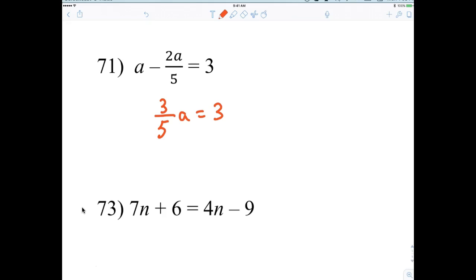I'm not sure if that's true. Somebody else want to give an explanation? 3/5 a's. How did I get that? You added the a? No. Did you multiply by a? Nope. Combined like terms.